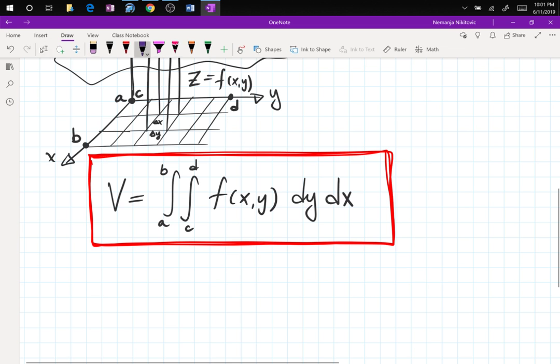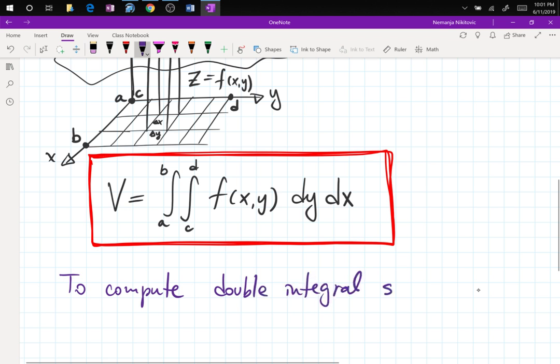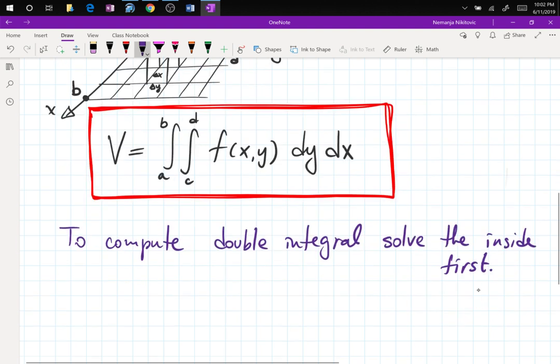Now, to compute a double integral, solve the inside first. So first solve the inside.